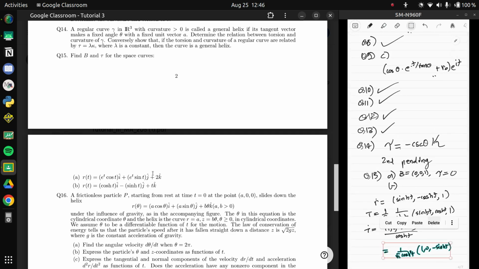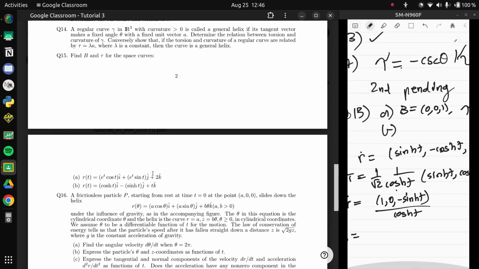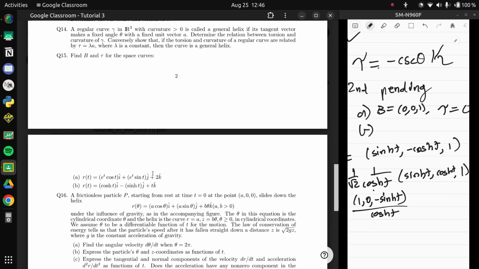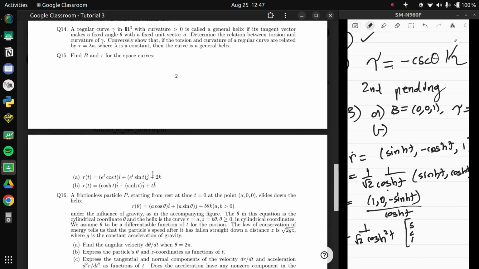Now just gonna take the cross product, and that's gonna give you a b. Oh, this is some messed up stuff. So it's just 1 upon square root of 2 cosine h squared t, and then the cross product between t. So I'm gonna use s, c and 1, although I usually use it for sine cosine, but it's similar over here.